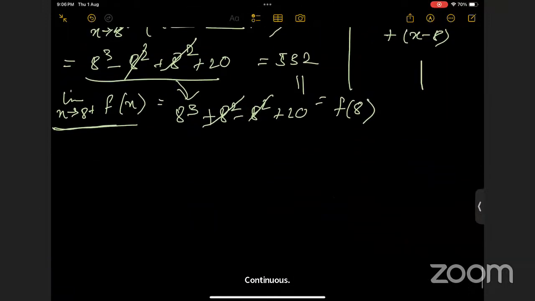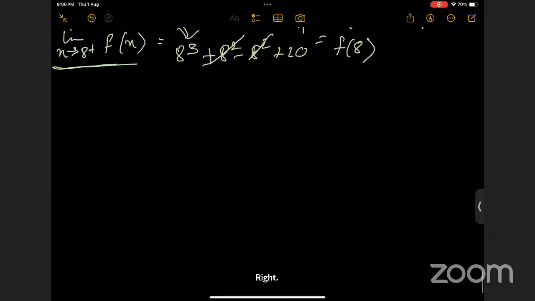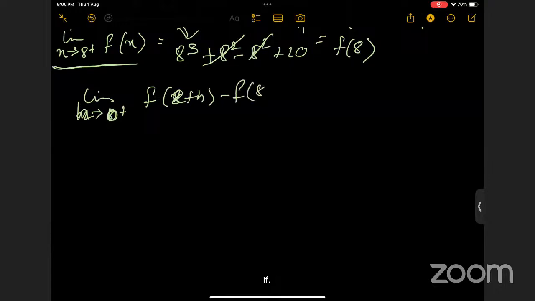So now what we have to do is check whether it is differentiable at 8 or not. So the limit as h tends to 0 plus of f of 8 plus h minus f of 8 by h.